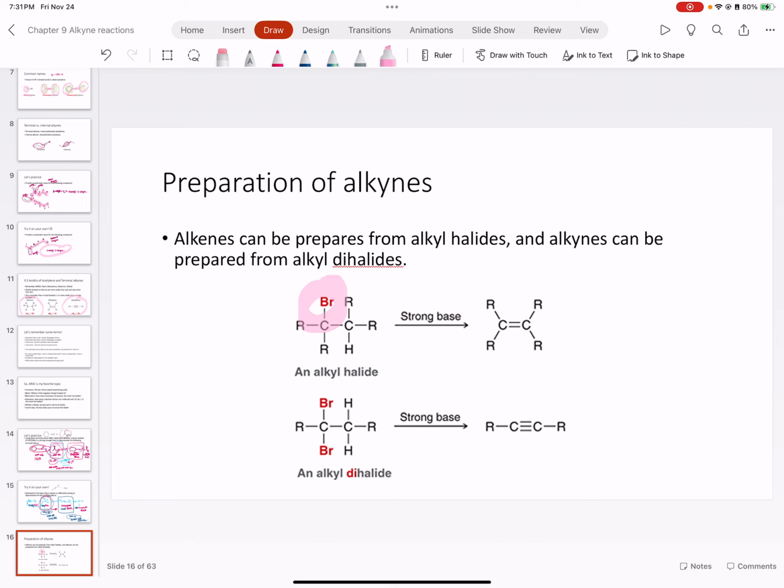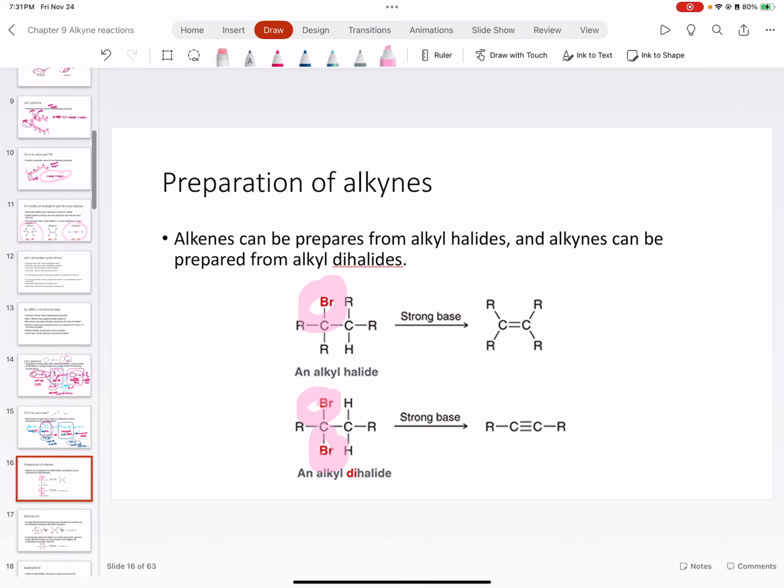To prepare alkynes, we need two. We need a dihalide. It doesn't matter if your second halide is in here or in here, like it's shown. As long as you have a dihalide and a strong base, then you can create a triple bond.